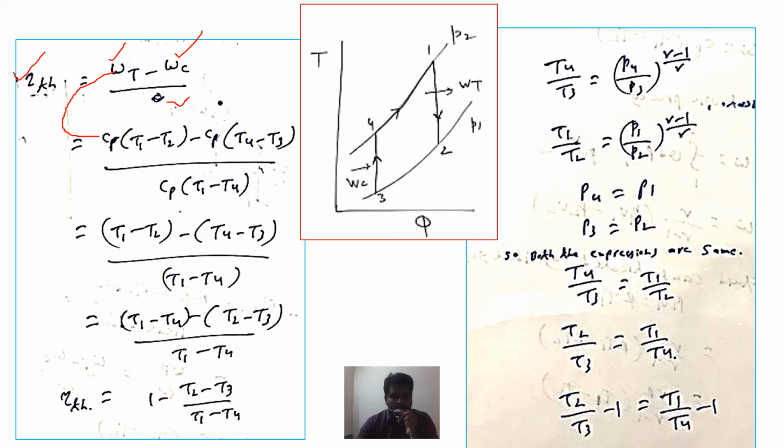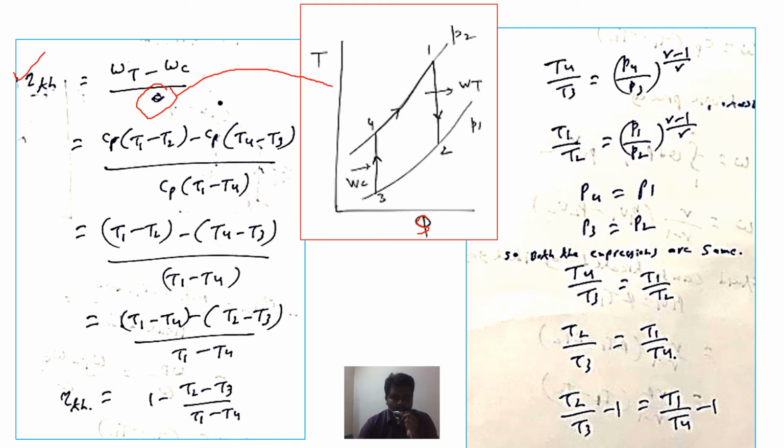Work done by the turbine is Cp into T1 minus T2, because isentropic expansion is between 1 and 2. In the same way, work done by the compressor on the TS diagram is process 3 to 4, so we can write it as Cp into T4 minus T3, divided by Q, the heat addition.